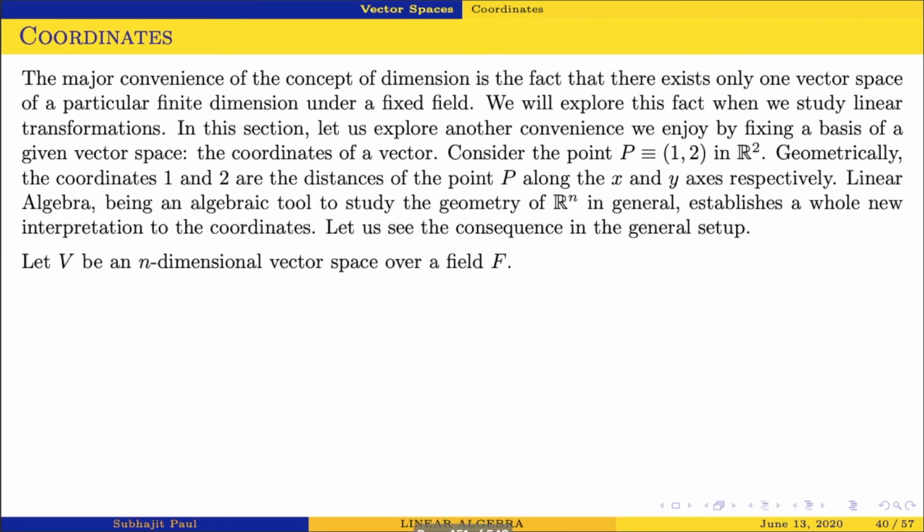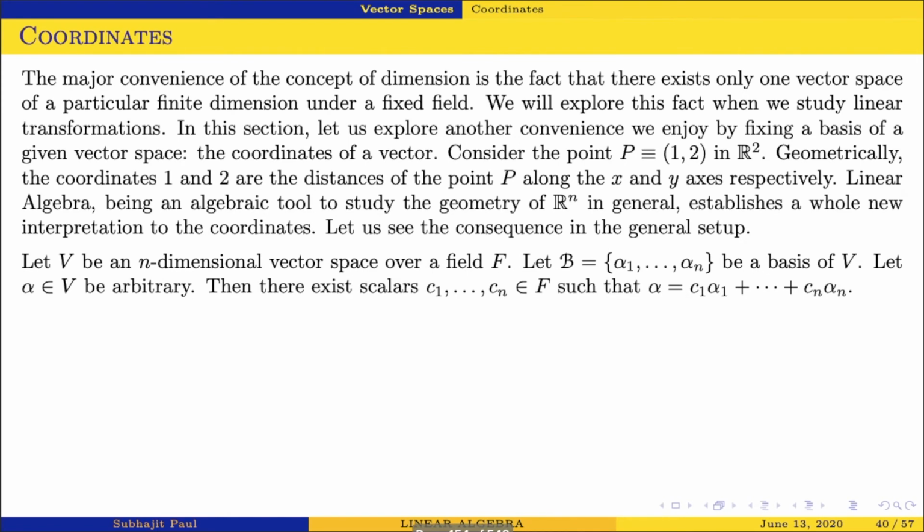Let V be an n-dimensional vector space over a field F. Let B, script B, equal to alpha 1 to alpha n be a basis of V. Let alpha be any arbitrary vector of V. Then there exist scalars c1 to cn such that alpha is represented as a linear combination of these vectors alpha 1 to alpha n.